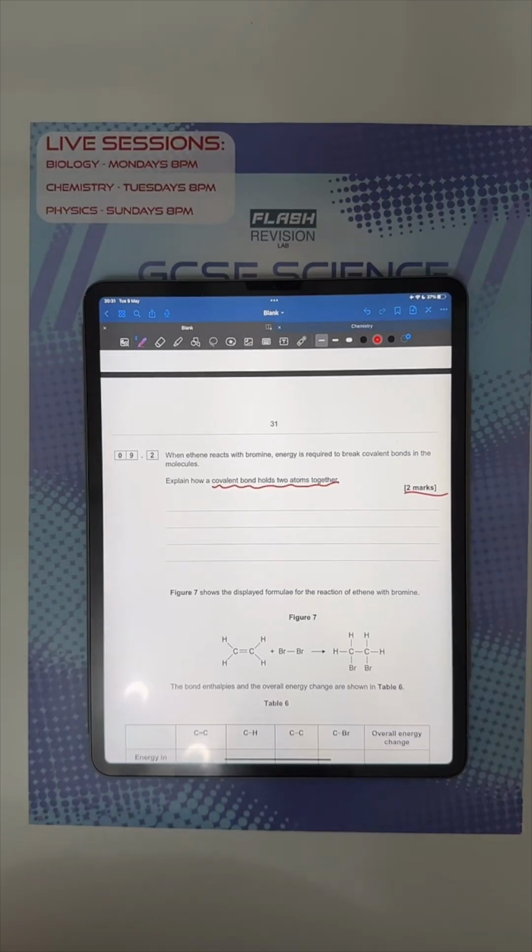Sharing of electrons between electrostatic forces of attraction. Not intermolecular forces. No, electrostatic attraction was actually right. Yes, Rebecca got it right.